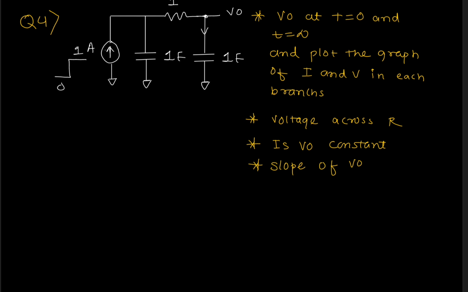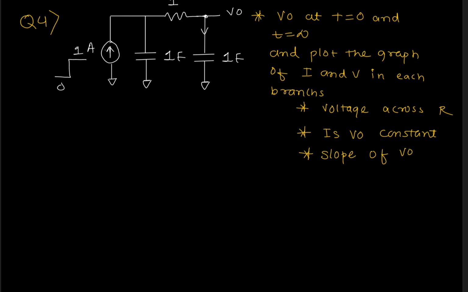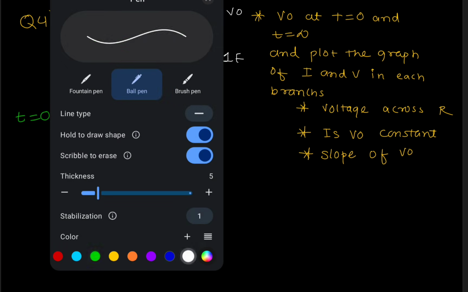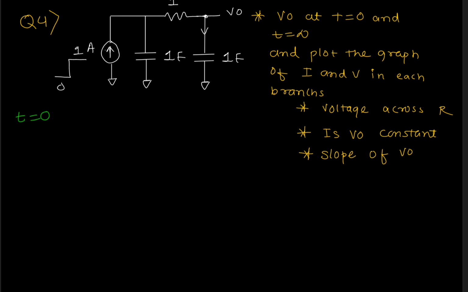So at start, at t is equal to 0, both capacitors will be shorted. So this is shorted and this is also shorted, but we have two branches in parallel. This branch is connected with a resistor and then shorted, and this branch is directly shorted. So the whole current will be traveling through this branch.